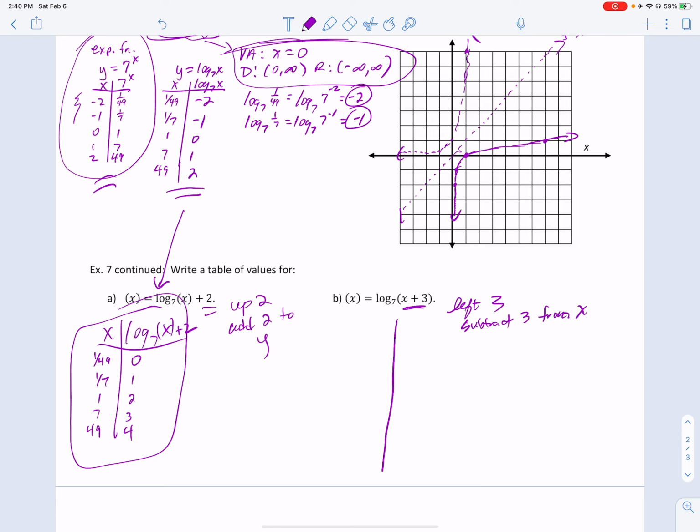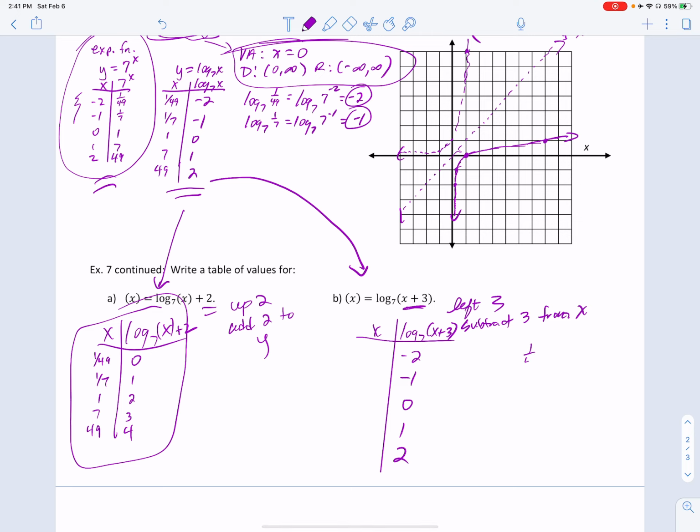So my table of values for it, since again, I already have the parent, my y values are going to stay the same. And I'm going to shift all the x values to the left 3.